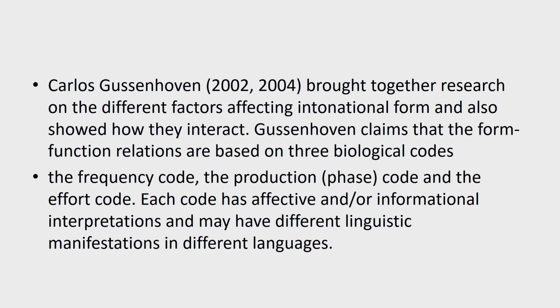And then we have the production code. As shown by Gussenhoven, the production code says that to express something which is small and not threatening, etc., we use a high pitch, but to show that something is, for instance, a large creature, or that you are authoritative, you use a lower pitch, and that code could also be grammaticalized.